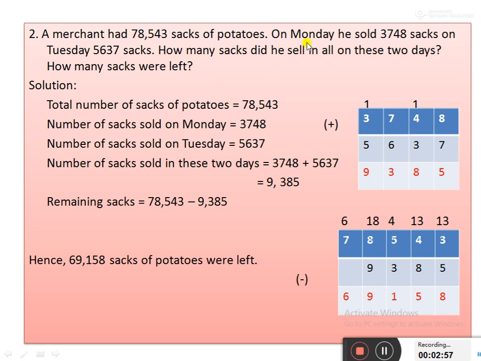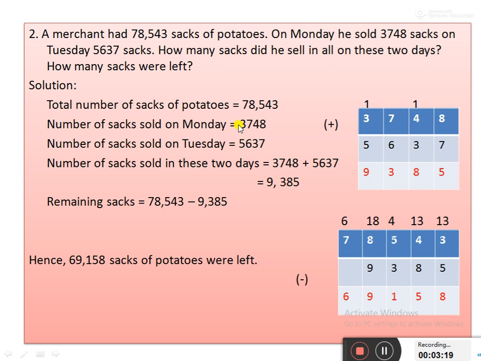On Monday how many sacks he sold? 3,748. On Tuesday 5,637. What we are going to find means in 2 days, Monday and Tuesday, how many sacks he sold? Total how many sacks? Total means we have to do the addition.